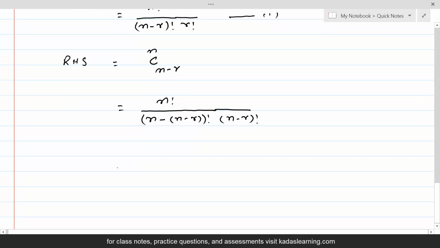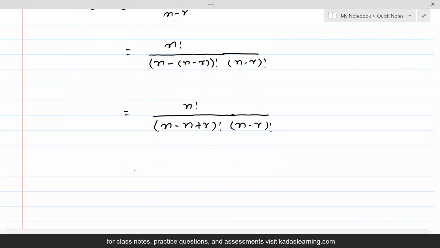So this will become equal to N factorial over N minus N plus R factorial times N minus R factorial, and this is equal to N factorial over R factorial times N minus R factorial.